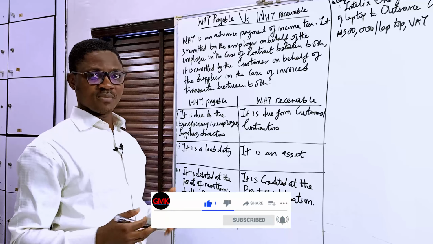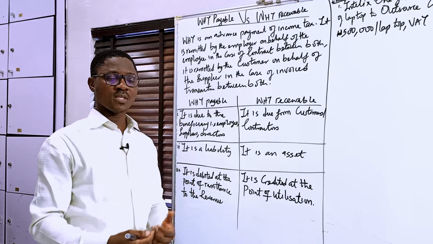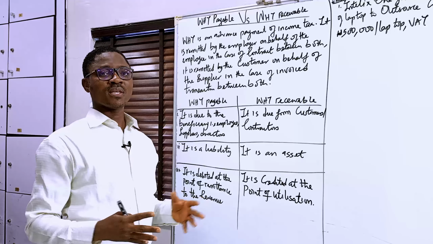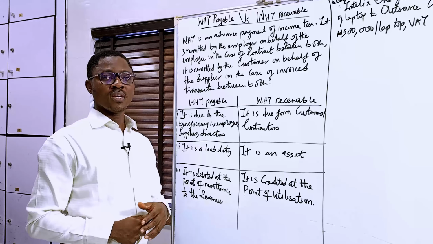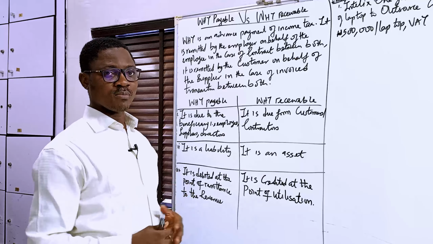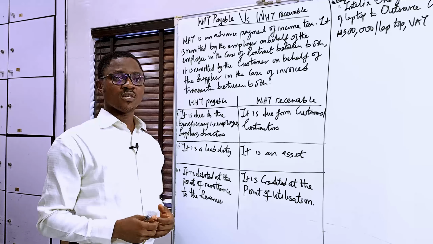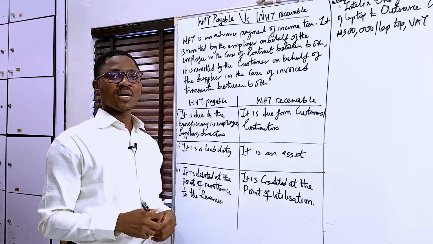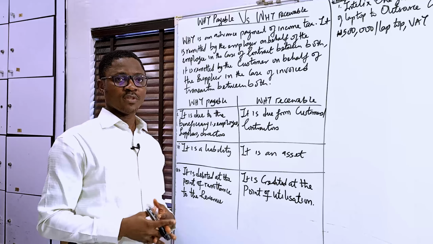Withholding tax is an advance payment of income tax, and this is deducted by the employer in the case of a contract between the employer and employee. In the case of a contract between a supplier or contractor and a contractee, it is the obligation of the customer to withhold tax on behalf of the contractor.